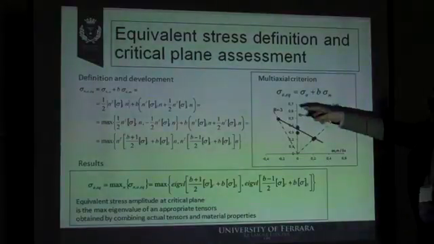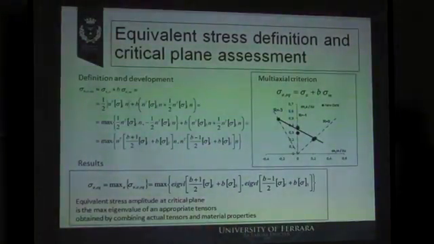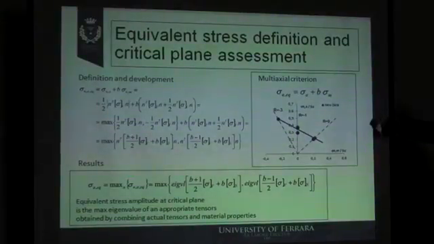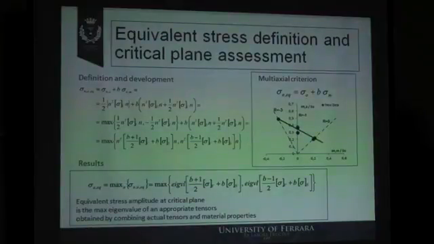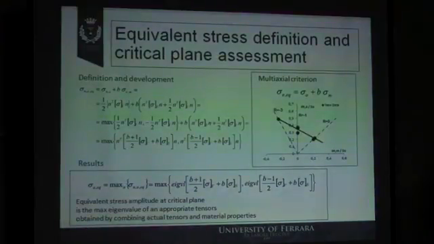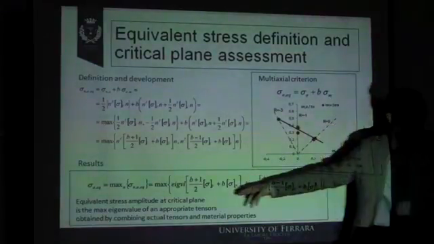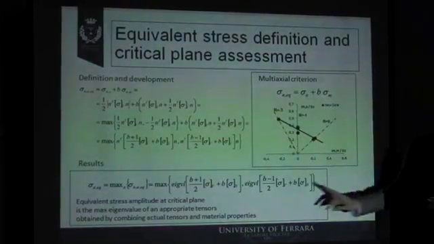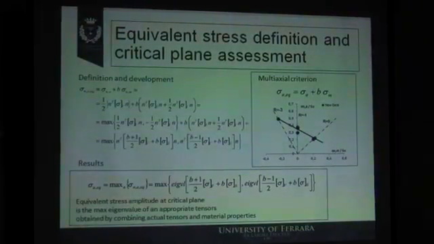We can then compute the maximum value, and it turns out that the maximum value of the equivalent amplitude is the maximum eigenvalue of two possible tensors, which is the combination of the time variable one and the constant one, depending on the property of the material.